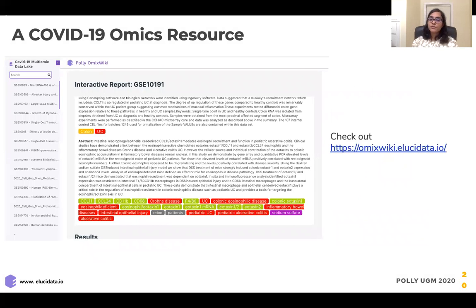I also invite you to check out a COVID-19 omics resource that we will be releasing at this user group meeting. The link to the resource is given here. The data sets that I talked about today and several other data sets will be available in this omics resource for you to view.